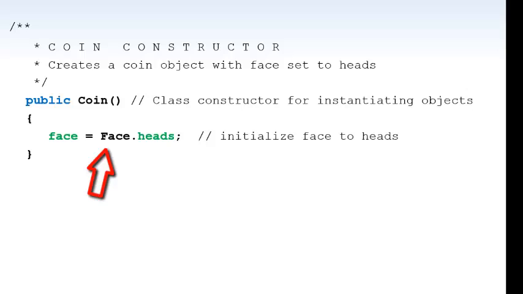And face on the right side, that's capitalized, is the name of that enumerated type. Then the dot operator, and then the value heads. Behind the scenes, Java actually builds enumerated types as classes. And those values that we put between the braces, such as heads and tails, are actually like constant objects that are available to use.